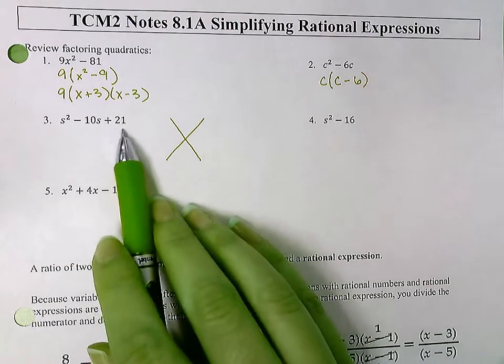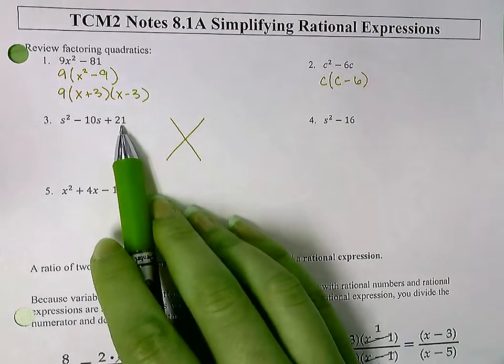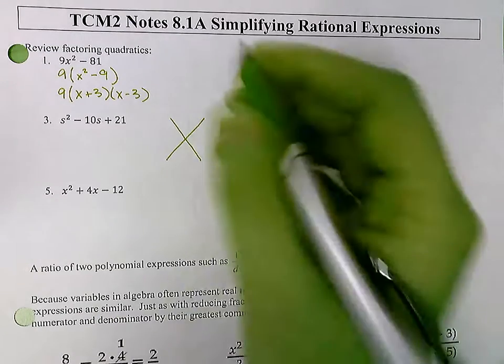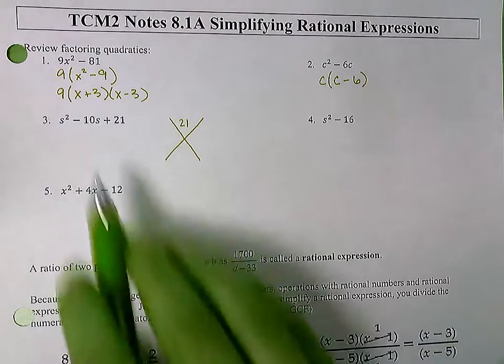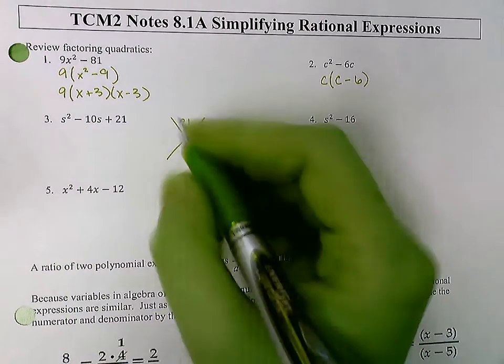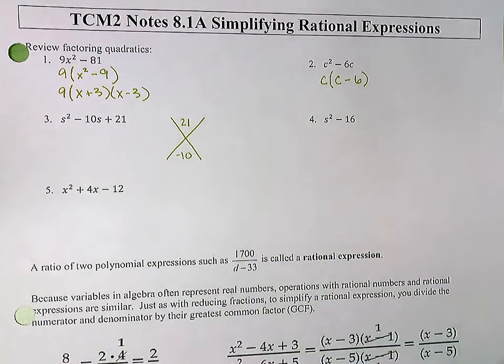So you want to see what multiplies to get 21, but adds to get negative 10. So two numbers that multiply together to make 21, but add. Negative 3, negative 7. Yes.